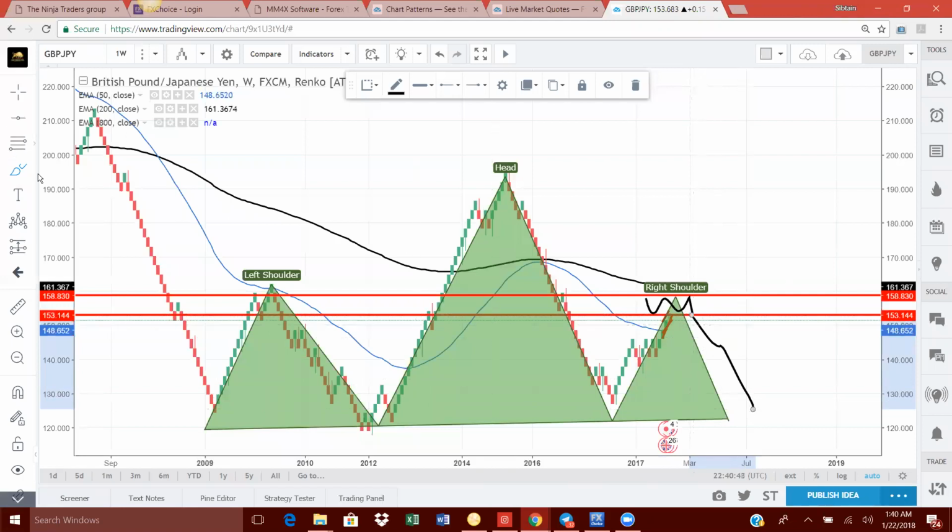That will be a very big sell for us, because from here to here is around 3,675 pips. So at least we catch 2,900.